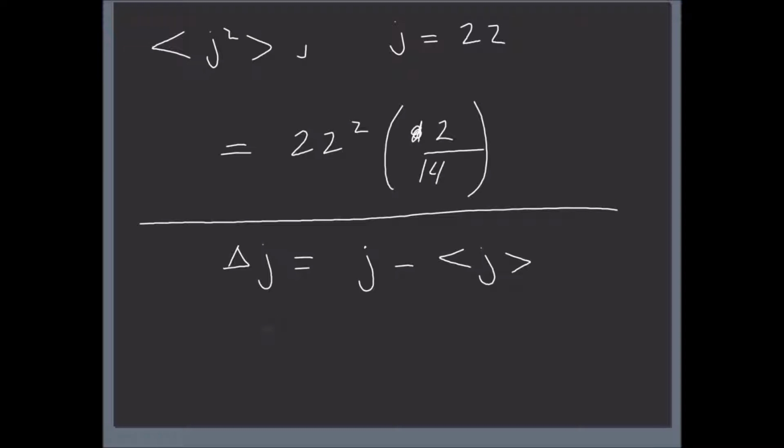The standard deviation, which we're gonna give a sigma symbol, sigma squared, is defined as delta j squared, and we're gonna take the expectation value of that. Okay, so if we define the sigma square like that, let's prove it, right?